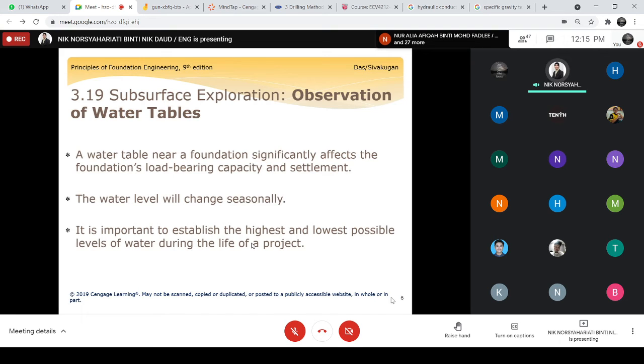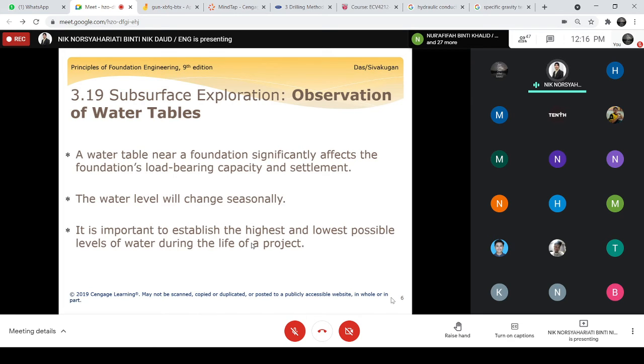So once you do all those borings and have made the borehole logs, you can proceed. One is for the sampling purposes, the second is to come up with the piezometer holes, which is for the observation of the groundwater tables.